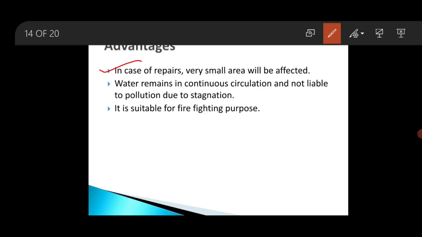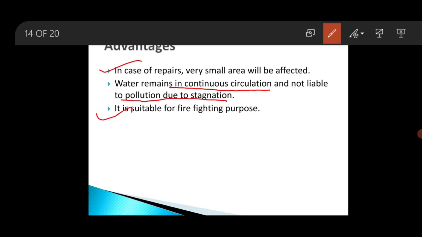Third, because of the interconnection, the dead ends are completely eliminated, and therefore water remains in continuous circulation, and hence it is not liable to pollution due to stagnation.